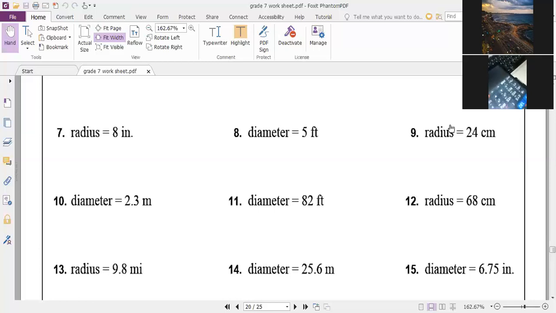We find the area by pi r squared, which is 3.14 times 12.8 squared.